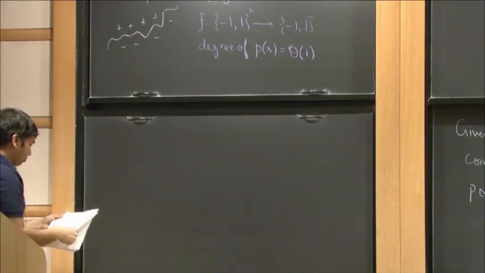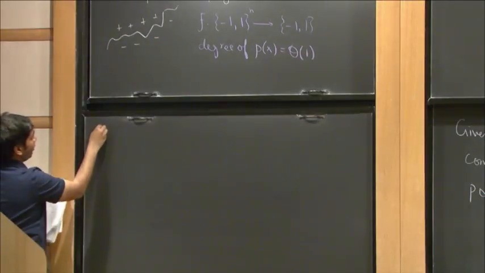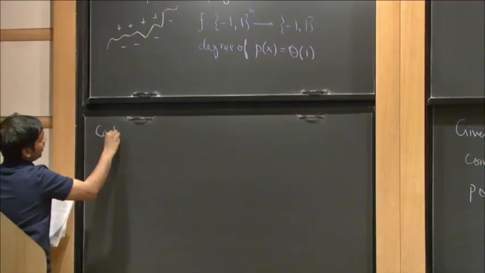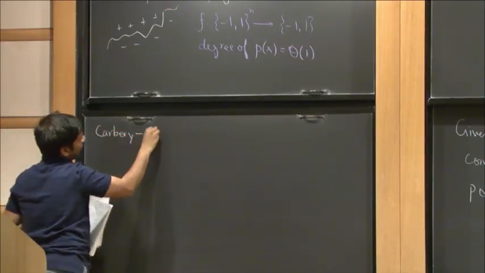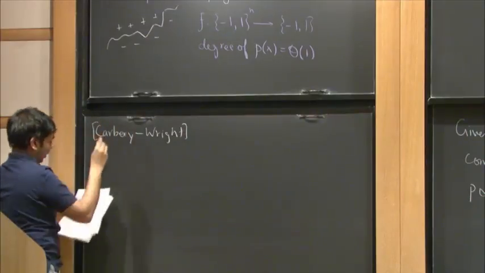Excellent. So let me introduce some of the tools that are regularly used in the area. One is this theorem of Carbery and Wright. This is from '01, and this says the following.